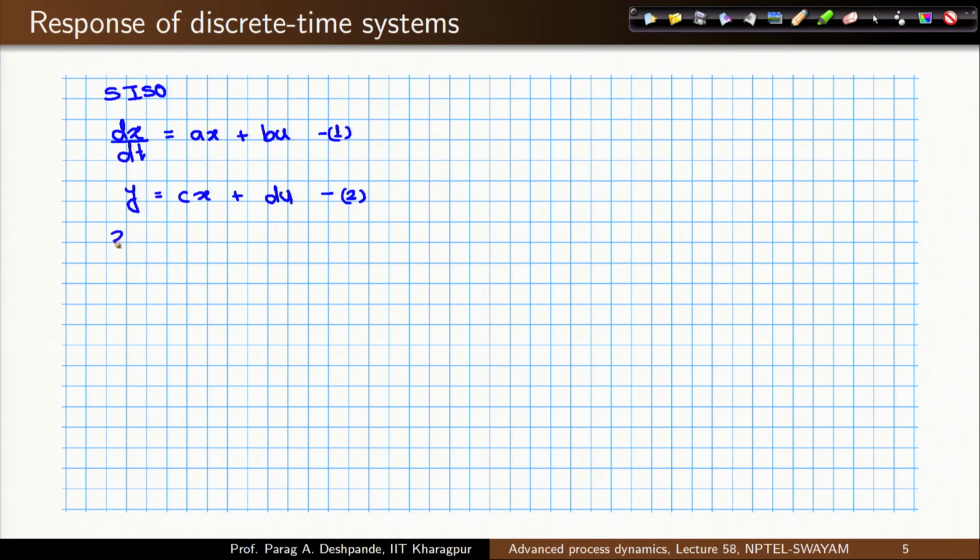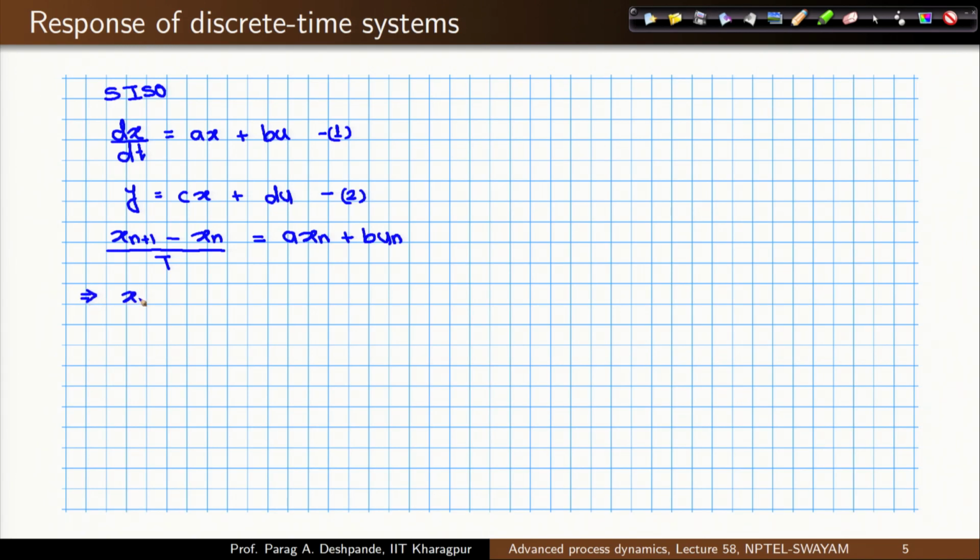We can write (x_{n+1} - x_n)/T = A x_n + B u_n. Let us do some simplifications.